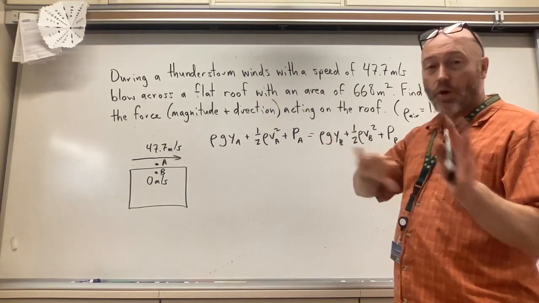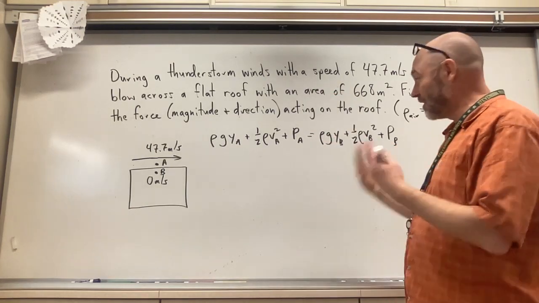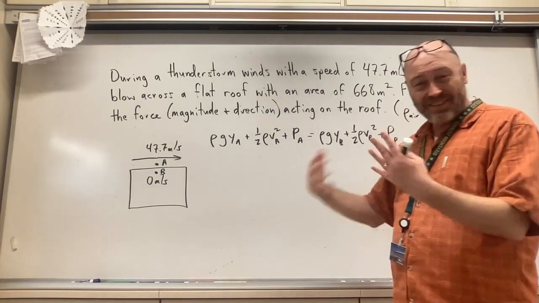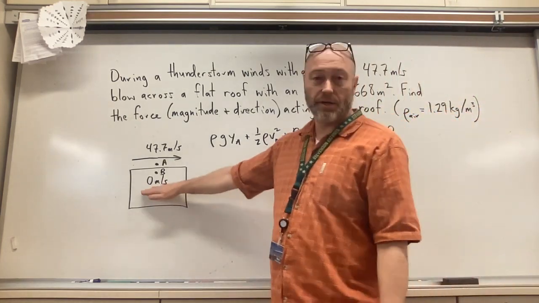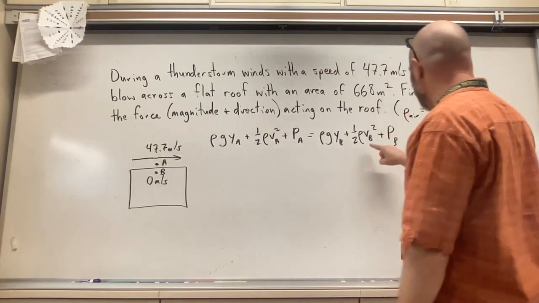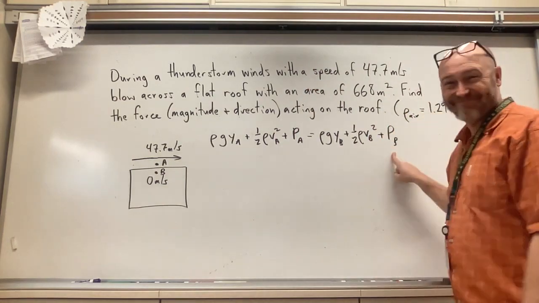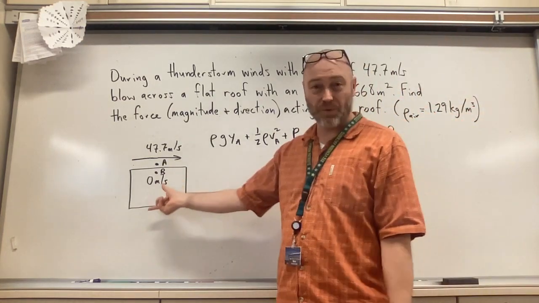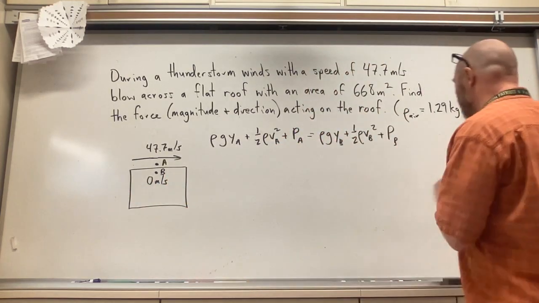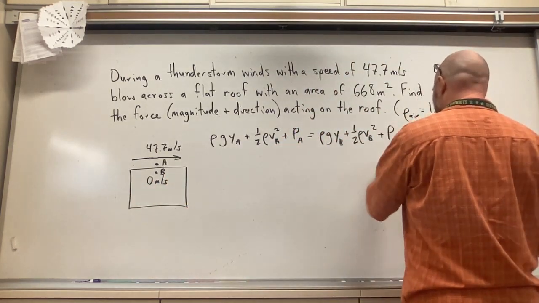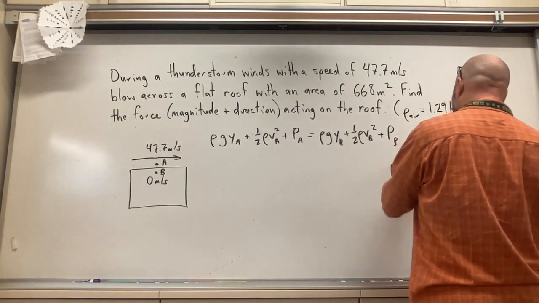So let's figure out, are there some things that we can cancel? Are there things that are going to be the same and things that are going to be zero? Well, inside here at point B, I know my pressure. What's the pressure inside the house? It's going to be 1 atmosphere, which, the College Board says, is 1 times 10 to the 5th pascals.